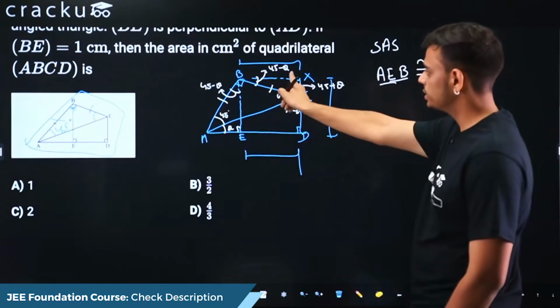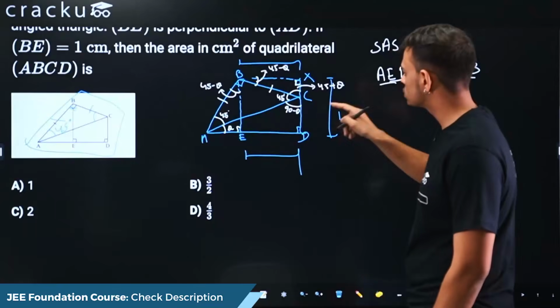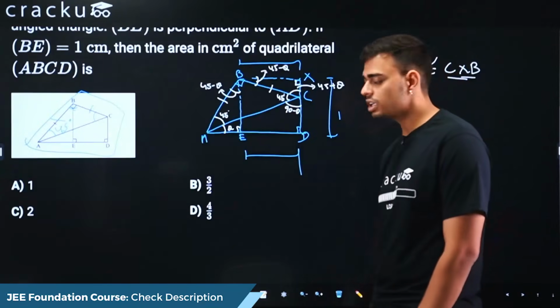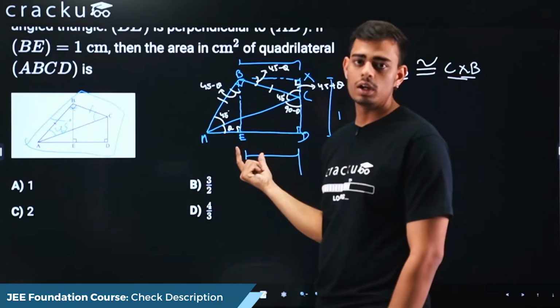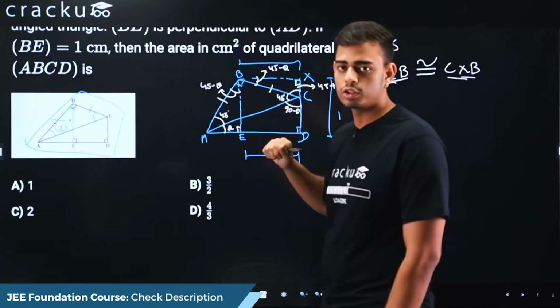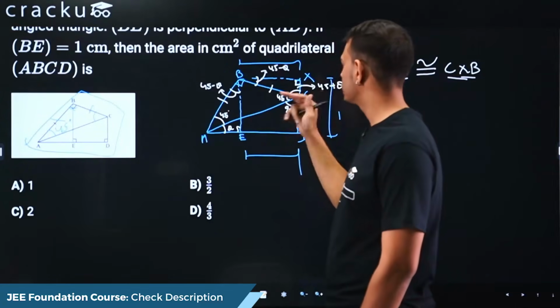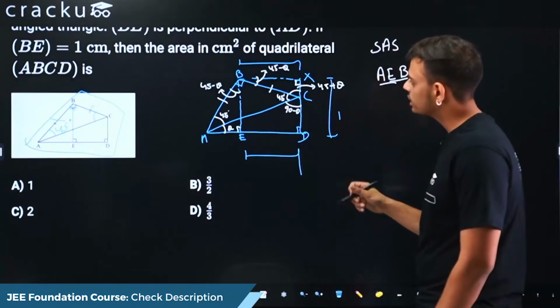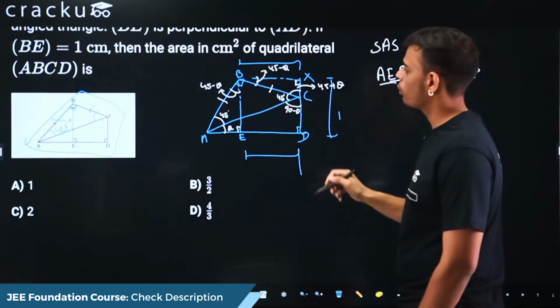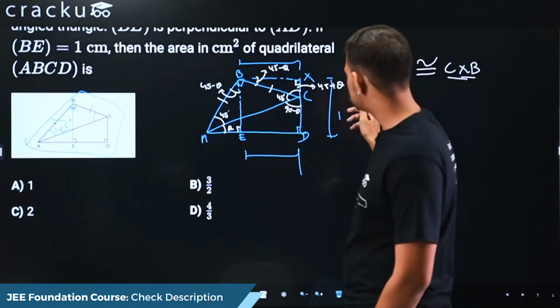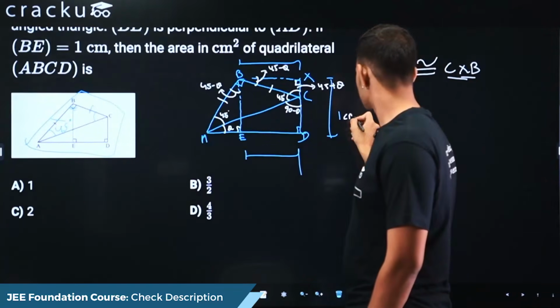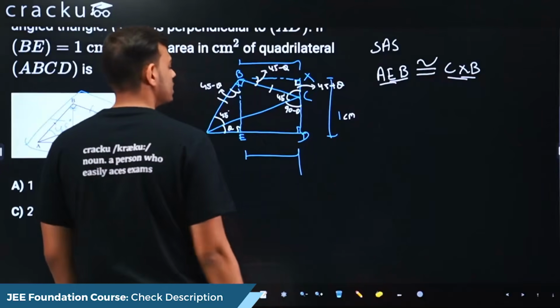BE equals XB, but BE is also equal to XD. This implies that this rectangle will now be a square because the adjacent sides are also equal. This means that all the four sides are equal. This means that BEDX forms a square of side 1 centimeter.